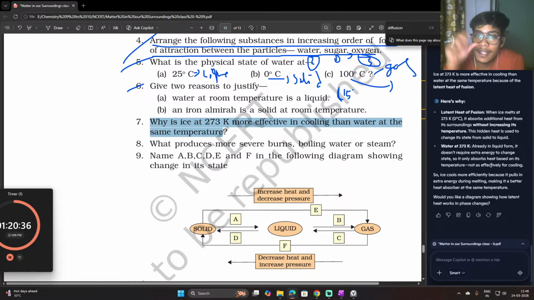Because the ice cube is solid, right? So at 0 degrees C it wants to become liquid, so it wants more heat, so it will take more heat from the surroundings and give us cooling, because it's absorbing the surrounding heat and giving us cool.